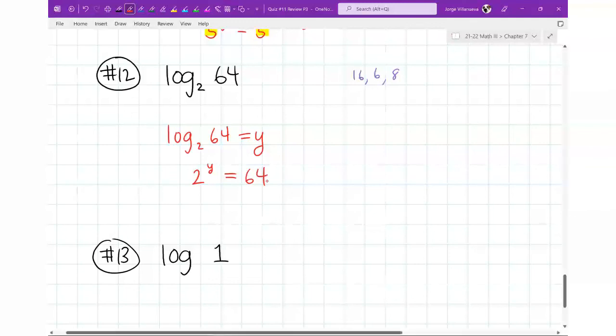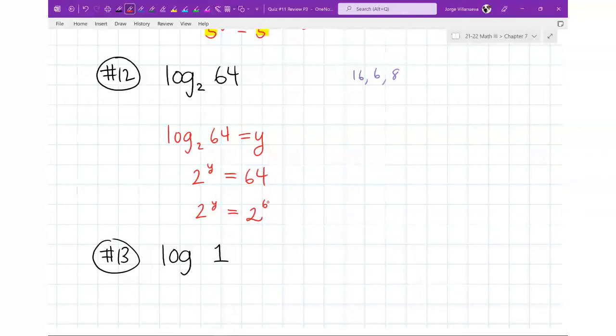Now, I got to change 64 into a base 2. So here is the part where you're going to find out if your answer was okay or not. 64 is 2 to the what power? 6. 2 times 2 is 4, times 2 is 8, times 2 is 16, times 2 is 32, times 1 more 2, that's 6 of them total, that's 64.